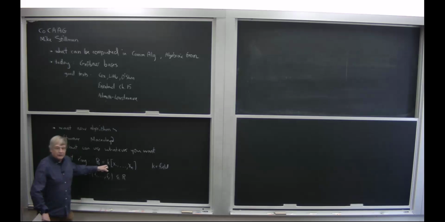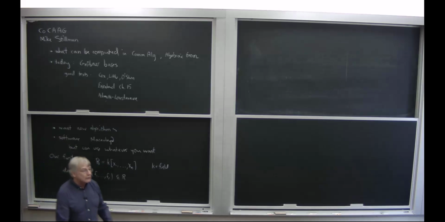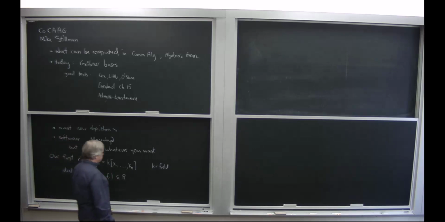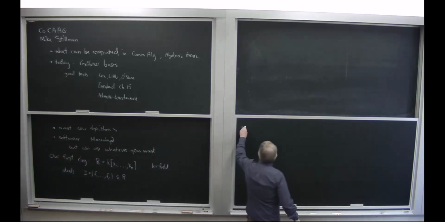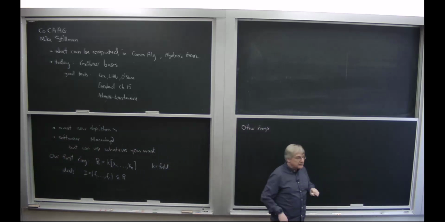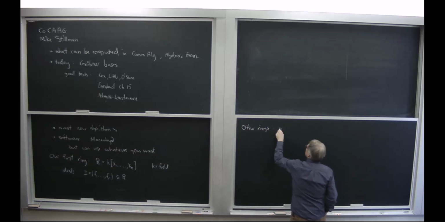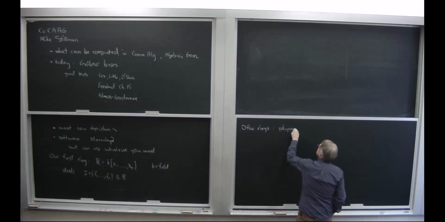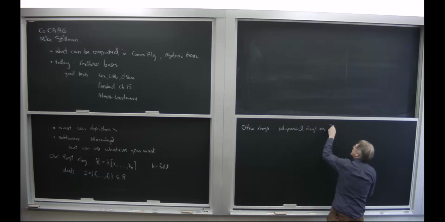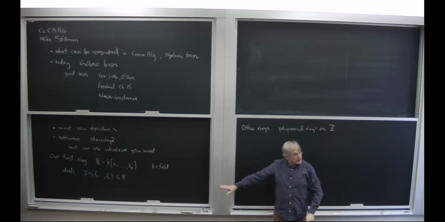But this is not the only ring that we're going to be interested in. And when we're doing algorithms for this, I want you to think about how you would extend these algorithms, or how you would actually do these things that we're trying to compute for this ring in other situations. So for instance, other rings that we will eventually talk about are things like polynomial rings over the integers, instead of over a field.